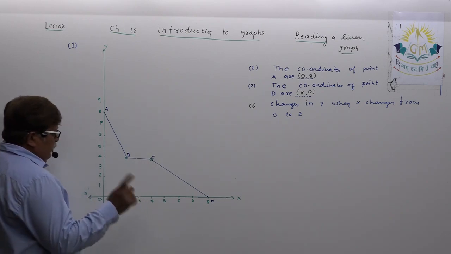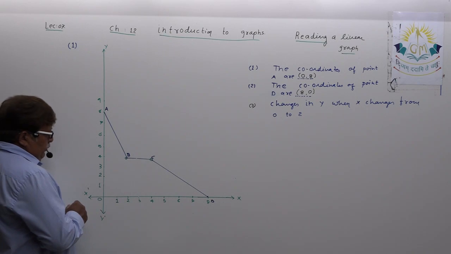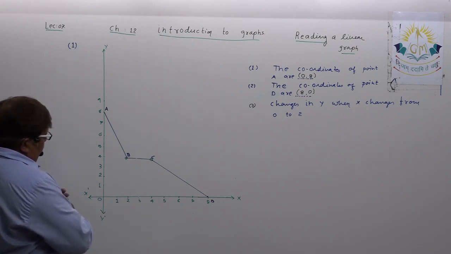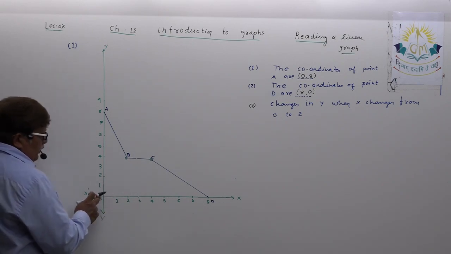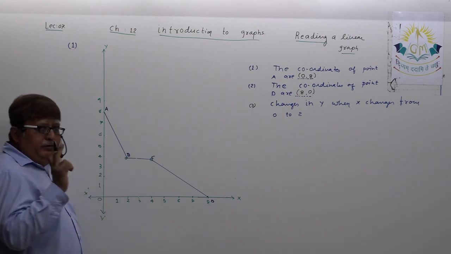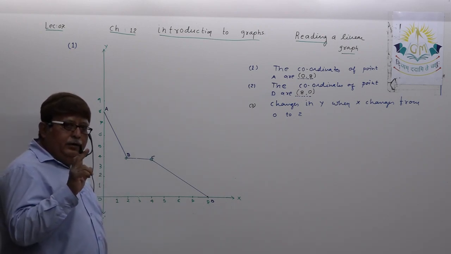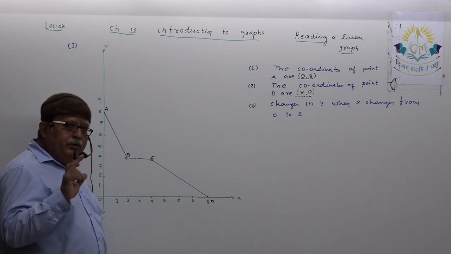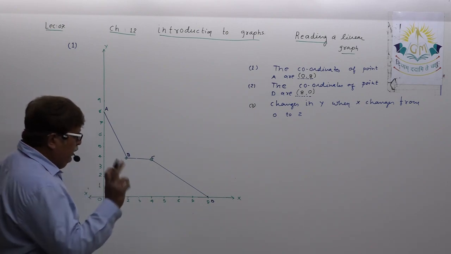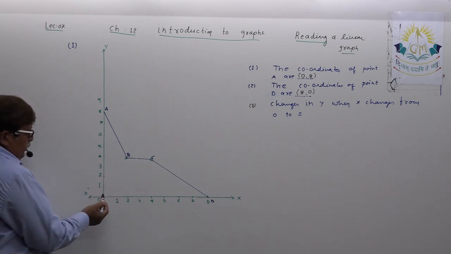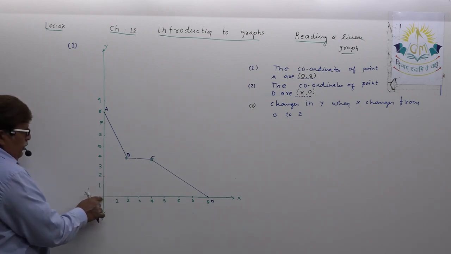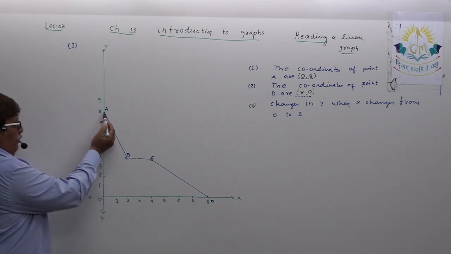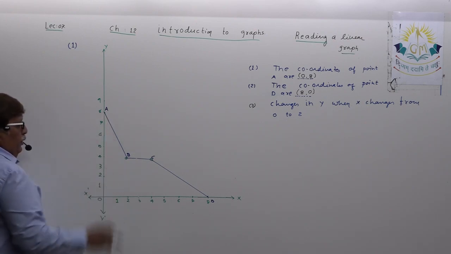So dear student, concentrate. You have to find the changes in y when x changes from 0 to 2. Please concentrate. When you take x as 0, what is the value of y? 8.